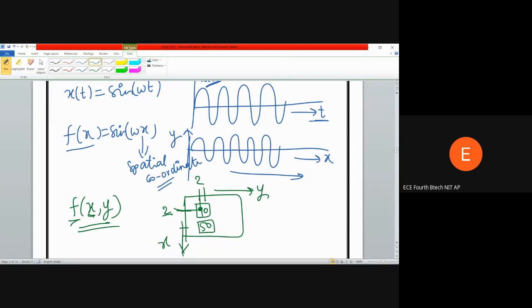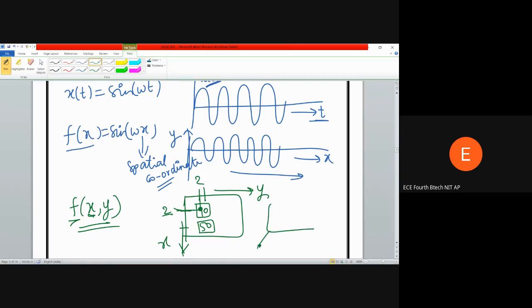The most important thing is how to represent this two-dimensional signal. You can do this in two ways. The first is by using a 3D graph.